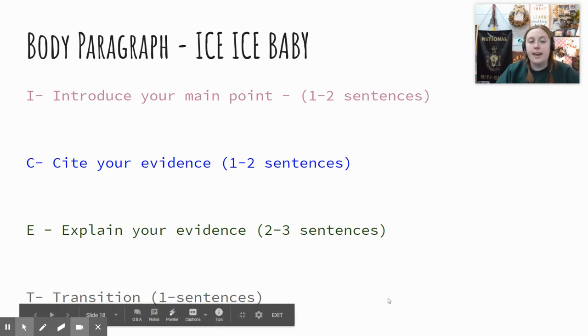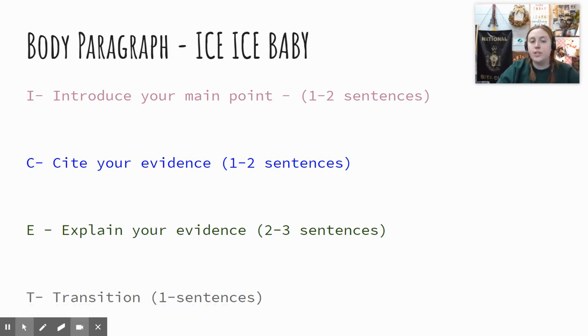And then your last one is T, which is to transition. When you're transitioning, think of transition as a springboard to the next paragraph. What you want to do is tie up the information that was in the body paragraph that you just finished, and preview what your next body paragraph is going to be about.